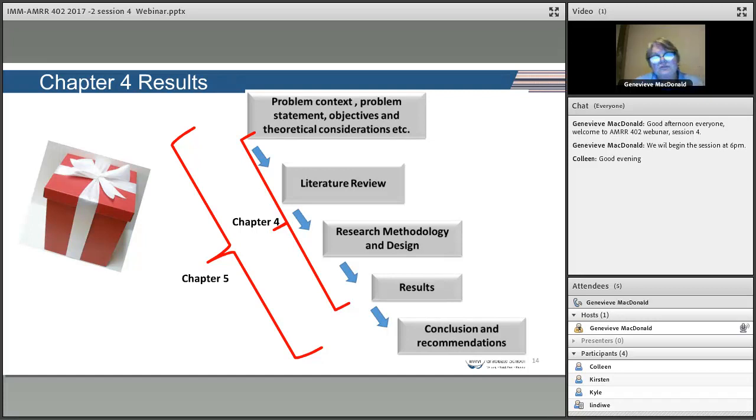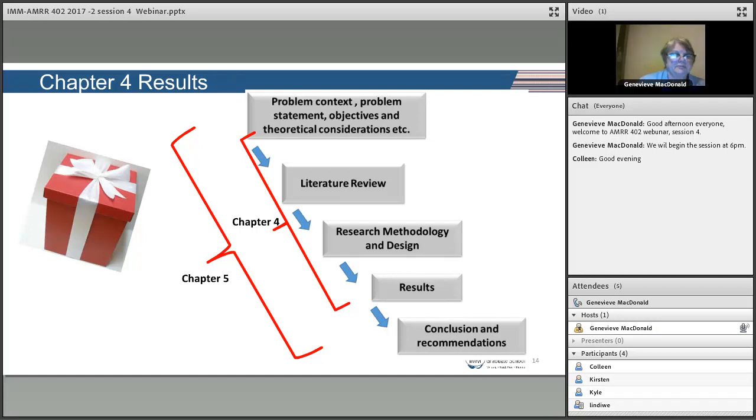And the results from those research objectives, the data that you gathered, will then in turn feed into the chapter 5 conclusions and recommendations, which will help you answer your problem statement. So you can see there is a cyclical route from your research objectives to your chapter 4 results, and from the problem statement to your chapter 5 conclusions.